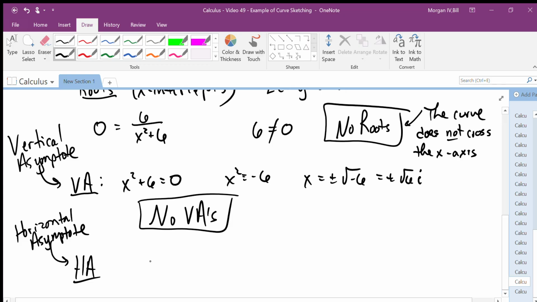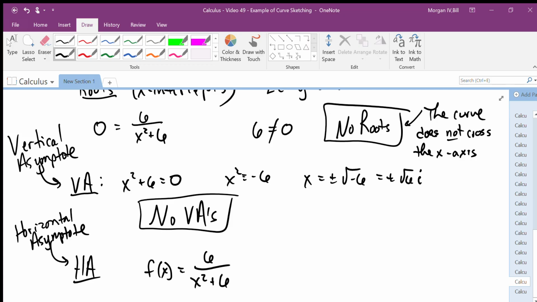In our function, if x gets really, really large, remember the function here is f of x is equal to 6 over x squared plus 6. If x is really, really big, if x is 1,000, if x is 1,000,000, what's happening? I'm getting 6 divided by 1,000,000 plus 6. Well, that's going to be a very small number.